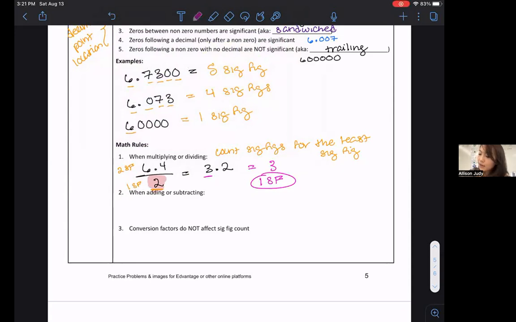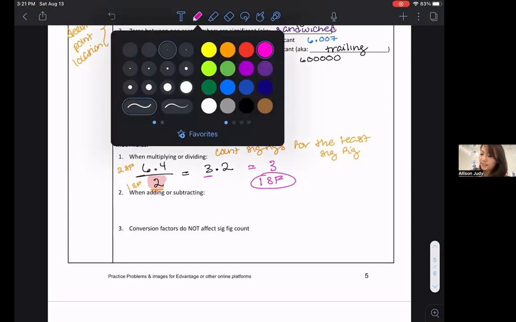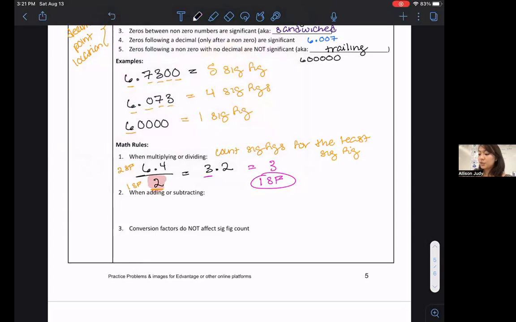Okay. When you're adding or subtracting, it's a little bit different. It's a little bit more similar to our basic understanding of precision, which is when adding or subtracting, we go off of the least precise variable. So let's look at an example.